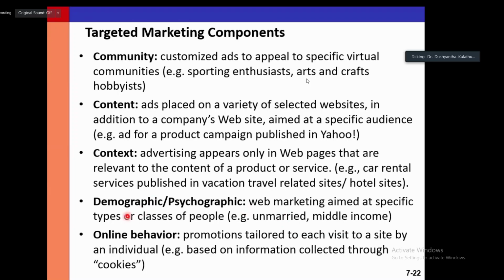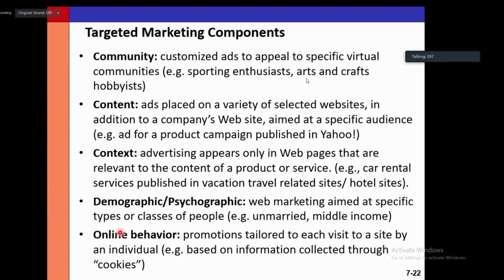So then you can decide which category is relevant for your product. Depending on the product that you produce, it can be relevant to a particular age group. So then you first identify the particular age group by doing this say demographic data analysis, and thereafter you target those particular customers, not the other customers.